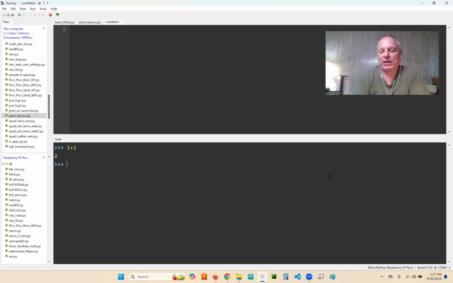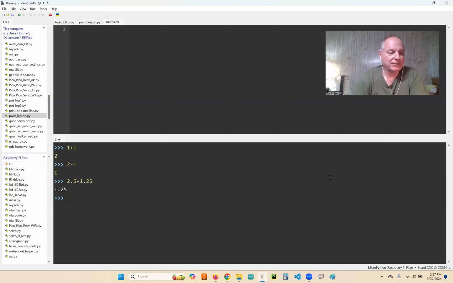And then minus is the same thing, 2 minus 1, enter. And like I said, you can do floating point as well, 2.5 minus 1.25. And it'll tell you that the result is 1.25. So plus and minus is about the same.